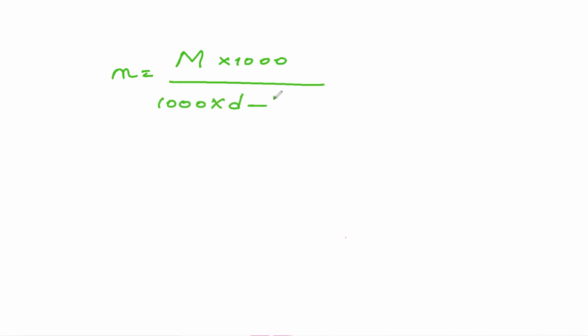Again I'm writing the formula, please note down. Small m, that is molality of the solution, is equal to capital M into 1000 by 1000 D minus molarity into gram molecular weight. This is a short formula; for the previous problems also, you can use this formula.